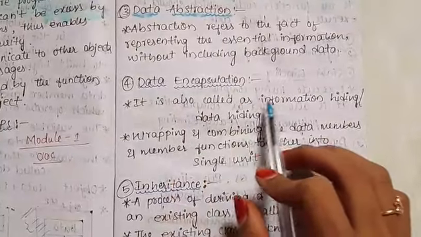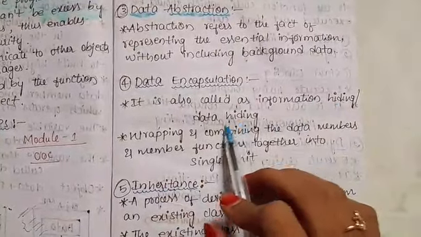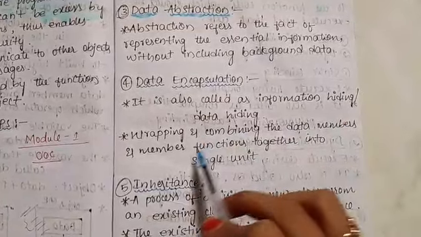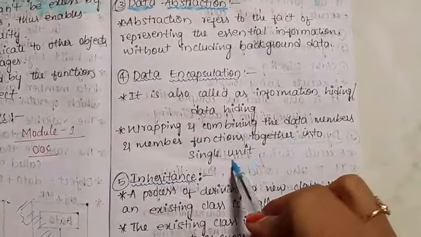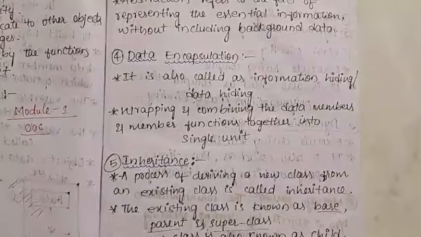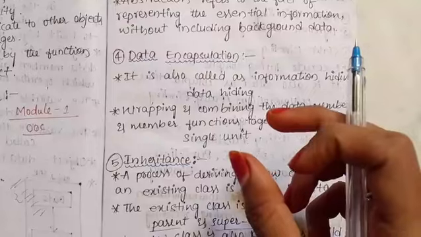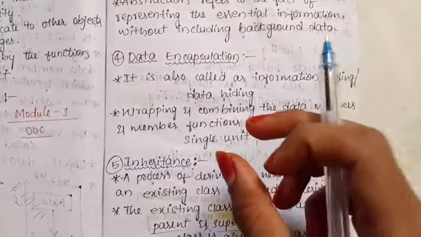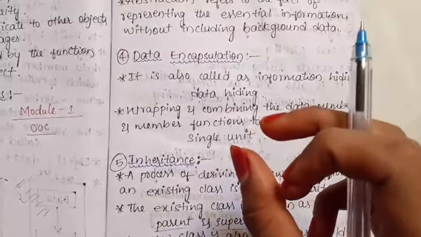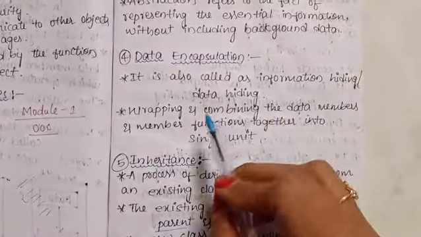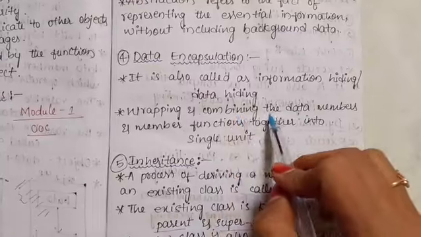Data encapsulation. It is also called information hiding or data hiding. Wrapping and combining the data members and member functions together into a single unit. In real life, you can see the capsule, right? Capsules, the tablets. Inside that they have added some powder, right? That is called encapsulation, meaning wrapping and combining the data.